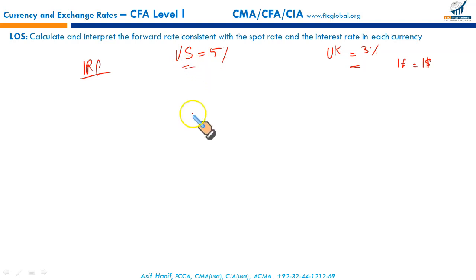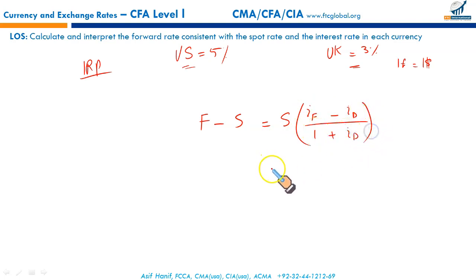So this can be related this way. That is forward minus spot. This could either be positive in case of forward premium or negative in case of forward discount, is equal to spot into interest rate foreign minus interest rate domestic over 1 plus interest rate domestic. Let's plug in the numbers. Spot is 1, that's just 1.